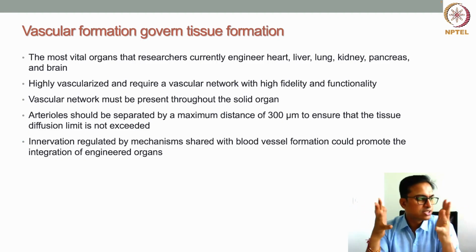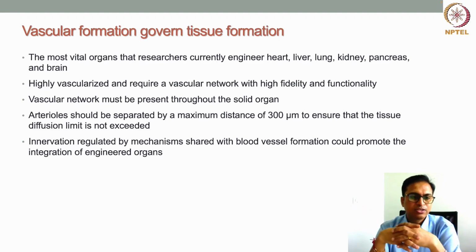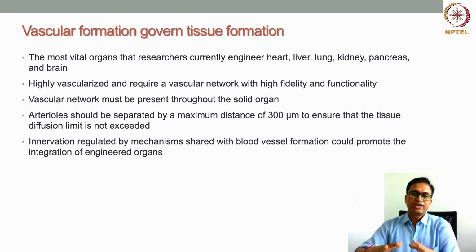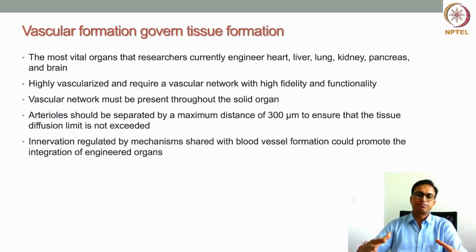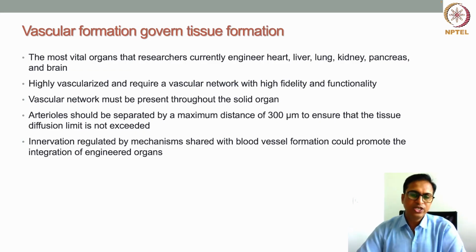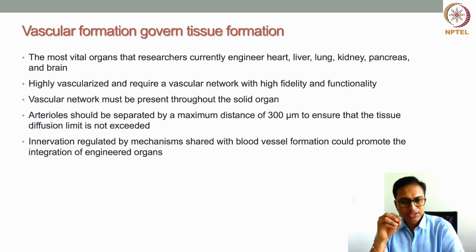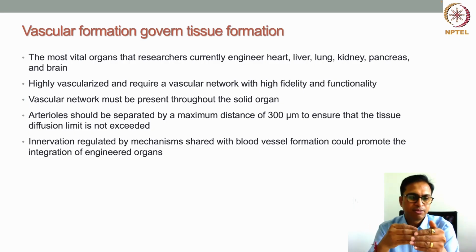So that's why the cells cannot survive. When we design a vascular tree within a bioprinted tissue or organ, we need to remember that all cells in the tissue or organ bed should be within that distance from the nearby vessel. That is the limit, and we have to always remember that.